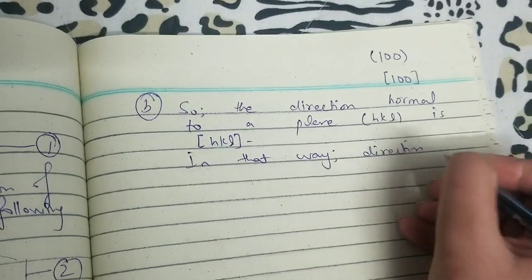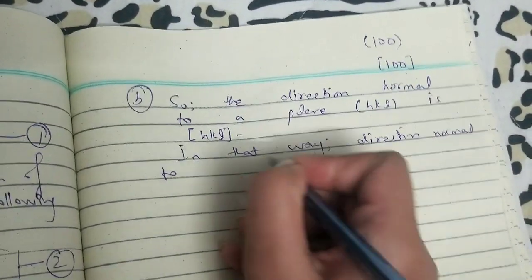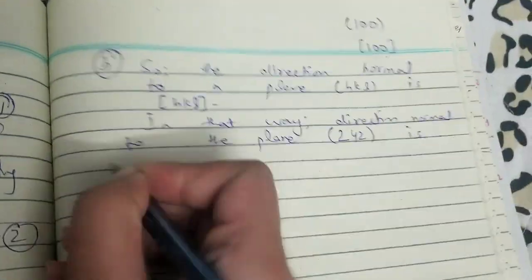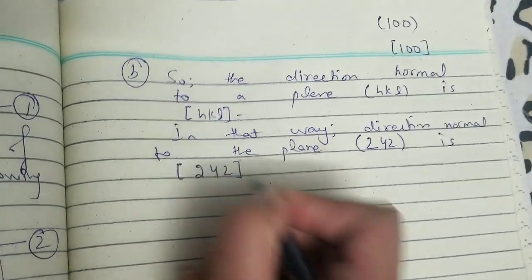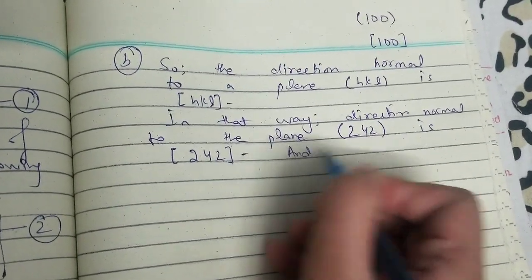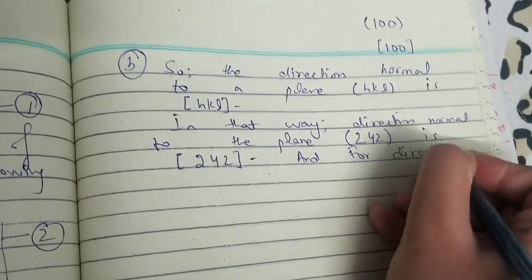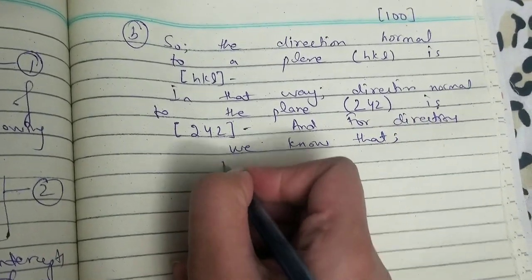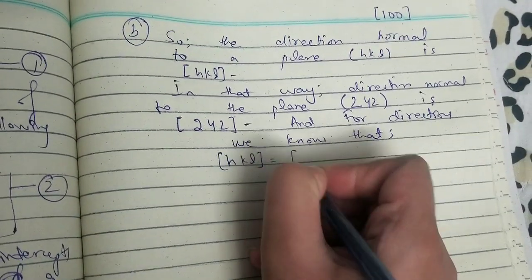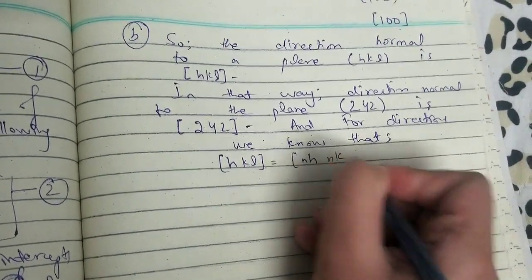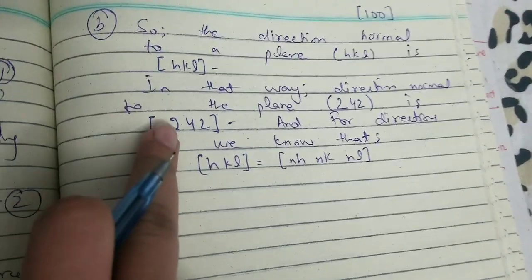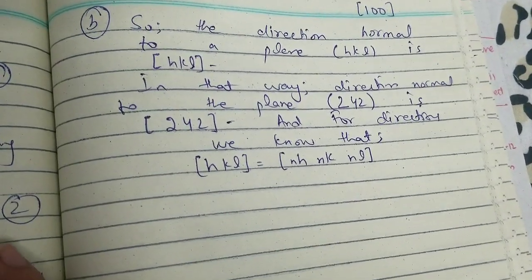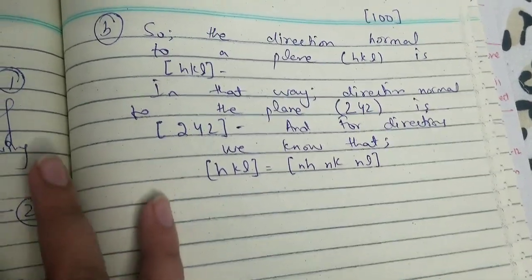So in that way, the direction normal to the plane 242 is square bracket 242. And for directions we know that HKL is equivalent to integral multiples of HKL. So we can further reduce the numbers to the lowest integers, because in the case of directions, all of the directions and their integral multiples are equivalent.